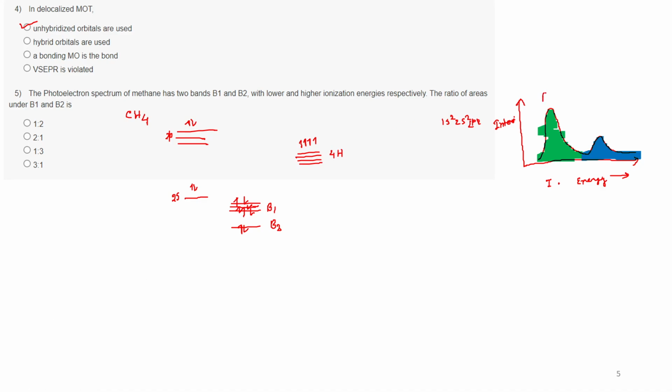So this is for B1 and this is for B2. The intensity will depend on how many electrons are there in that orbital that we can remove. We can remove six electrons from B1, so the intensity would be higher for B1, and for B2 there are two electrons. So ultimately the ratio of the areas is going to be 6:2, or we can say 3:1.